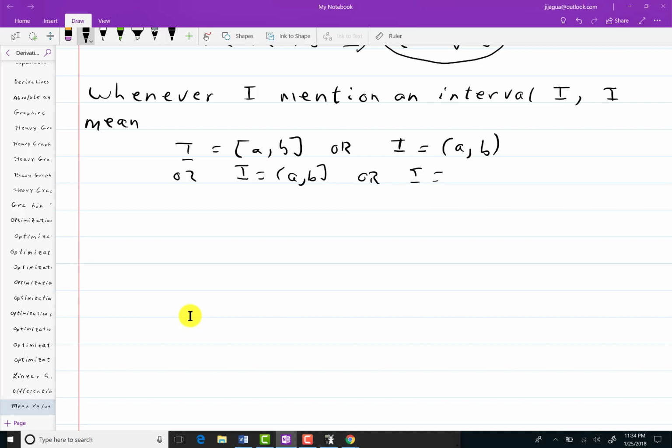Maybe even I is an infinite interval. The reason why I don't want to mention it is because there's way too many cases to talk about. So instead, when I mention I, just keep in mind that any of these are possible. If I just say it's valid on interval I, then it's good for all of these kinds of intervals.